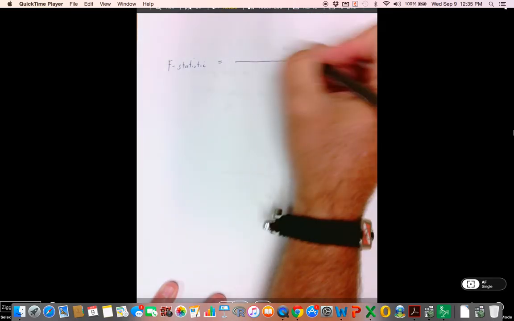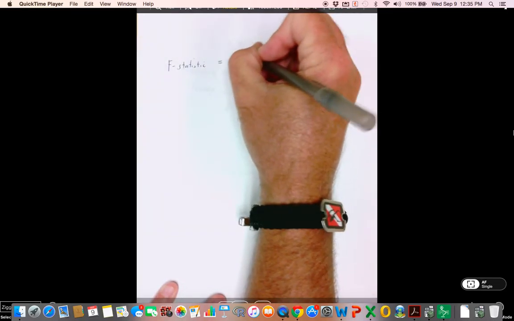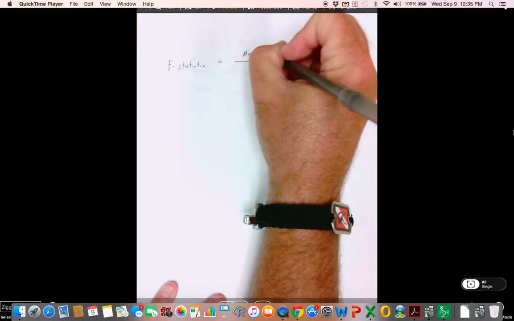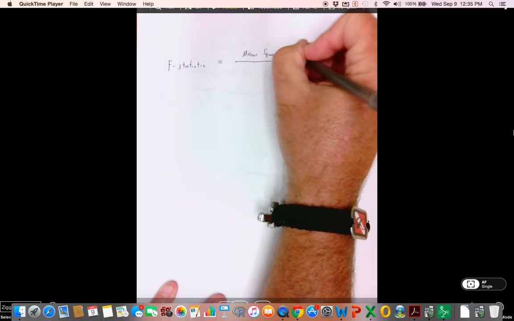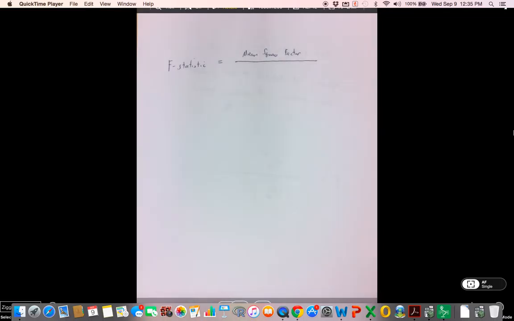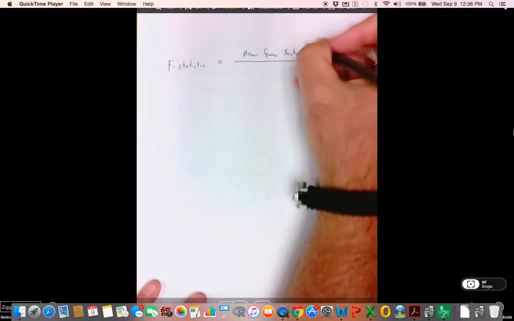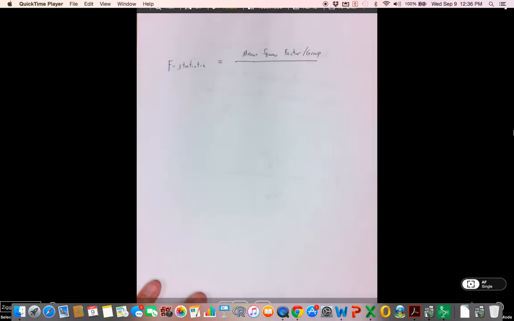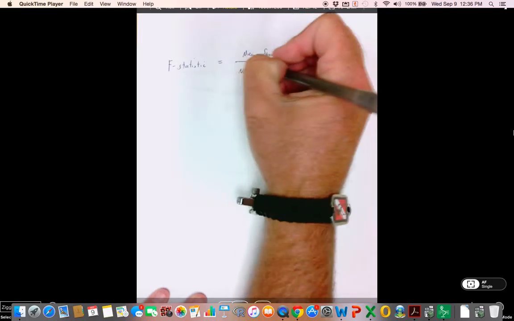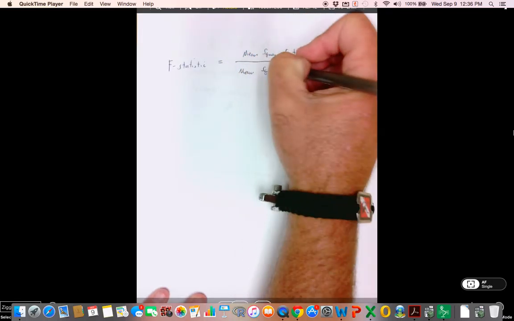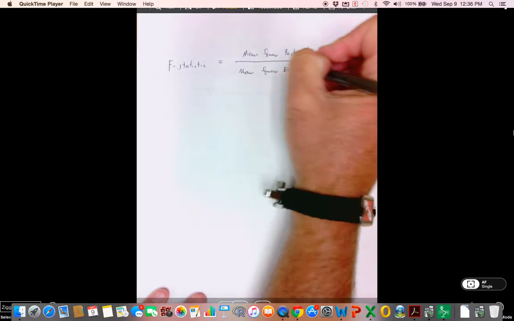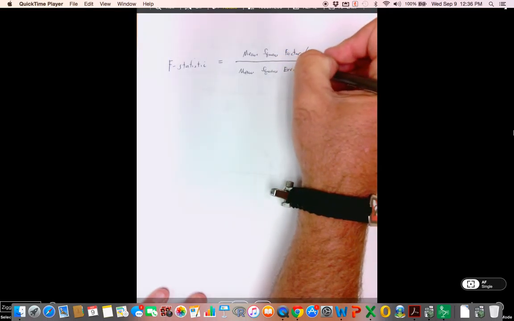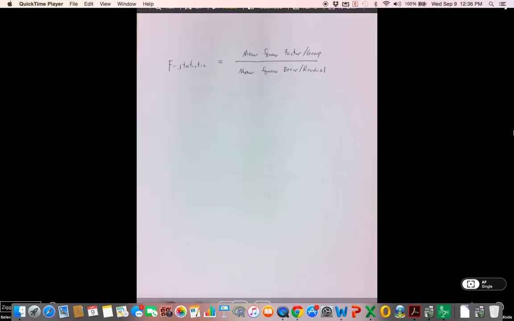The variance between we're going to call the mean square factor term. Now, some textbooks call this the group term. That's fine. Divided by the mean square error. And sometimes you see this referred to as the mean square for the residual.